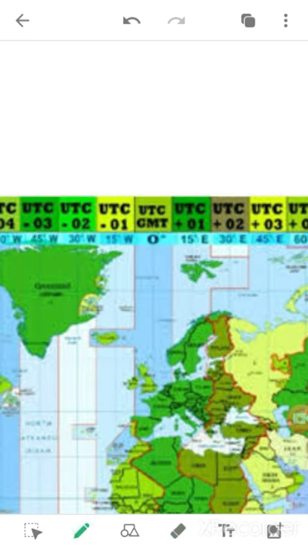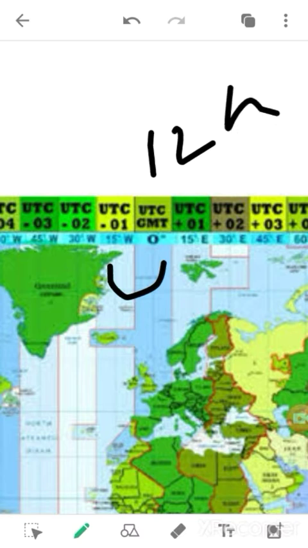The first time zone from the 0 degree prime meridian or Greenwich meridian to 15 degrees west longitude: if it is 12 noon at the Greenwich meridian, then in the first time zone it would be 11 AM.